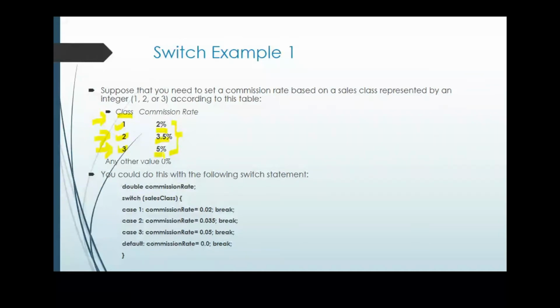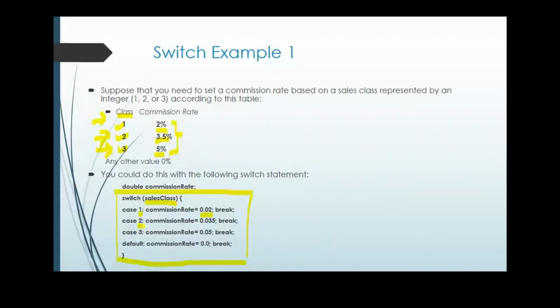How will you apply that in a switch statement? So look at this one. Sales class is the variable you are going to input here. If sales class is equal to 1, then commission rate is 2%, which is 2 divided by 100, or 0.02.